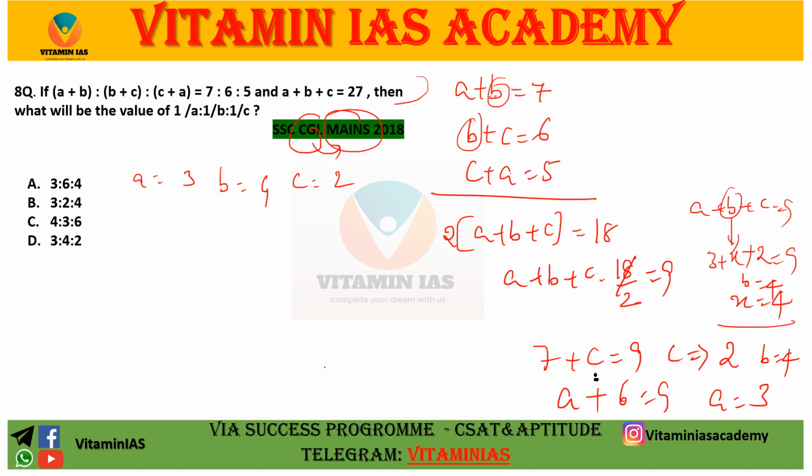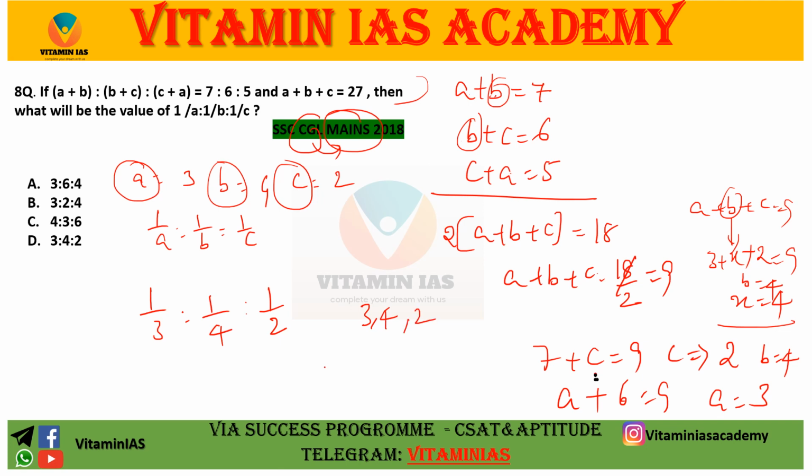But here they didn't ask about A is to B is to C. They ask about 1 by A is to 1 by B is to 1 by C. So we have to put these values into the ratio: 1 by 3 is to 1 by 4 is to 1 by 2. So we have to do LCM here. 3, 4, 2, LCM how much? 12.